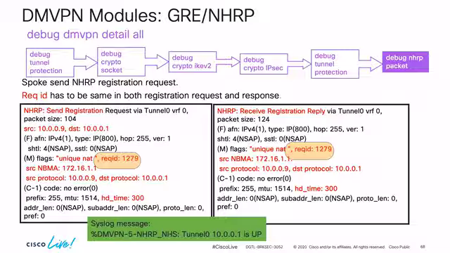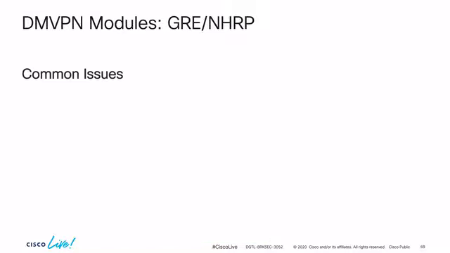So we have looked at the configuration, the show commands, and the debug commands for the GRE/NHRP module. Now let's look at some of the common issues we have run into with this module. A very common issue is that the NHRP registration fails when the spoke is trying to register to the hub.